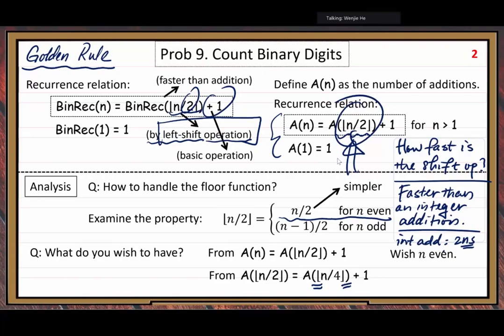So we want to remove the unfriendly part. How can we remove it? We make another assumption. Can we make n over 2 even, or n a multiple of 4? When n is a multiple of 4, then n over 4 is an integer, right?